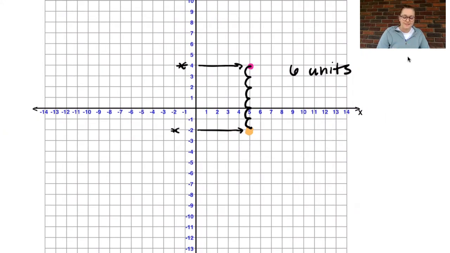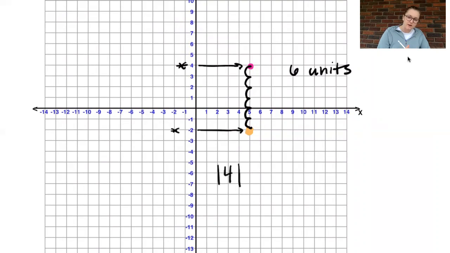Now, they are in different quadrants. Remember, this is like from pink to the x-axis, because I'm looking at my y's, from pink to the x-axis and from orange to the x-axis. If I want this length and that length to make my total length, then I actually need to add them. So when the points are in different quadrants, we're going to add the absolute values.